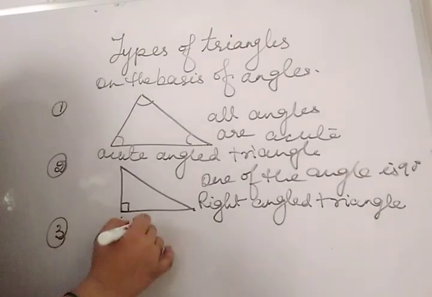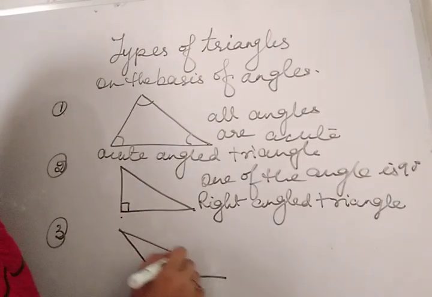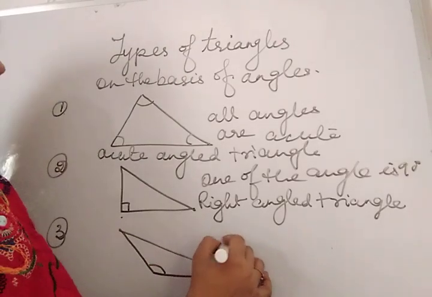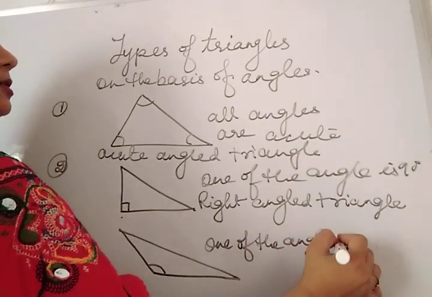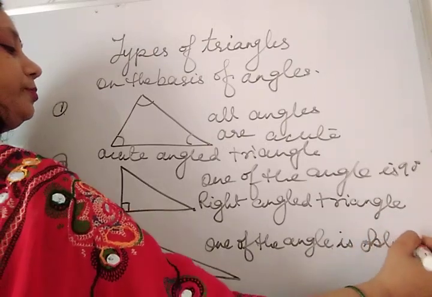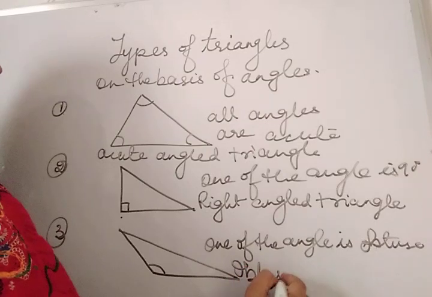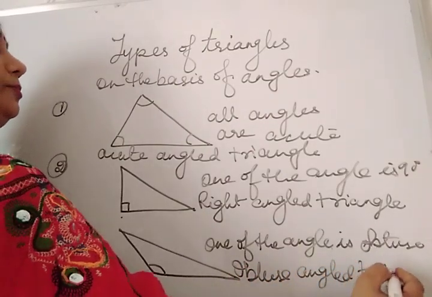And if one of the angles of a triangle is an obtuse angle, then the triangle is said to be an obtuse angled triangle.